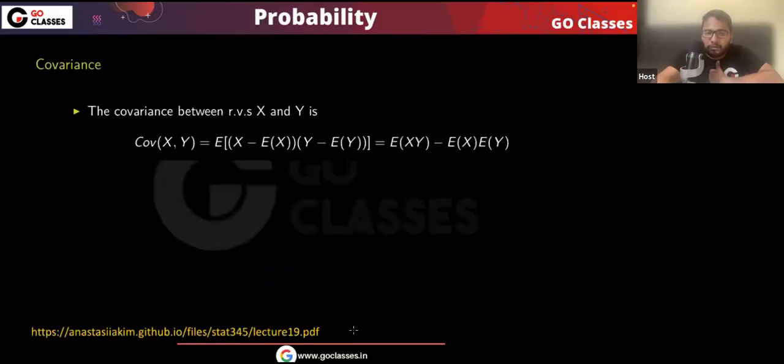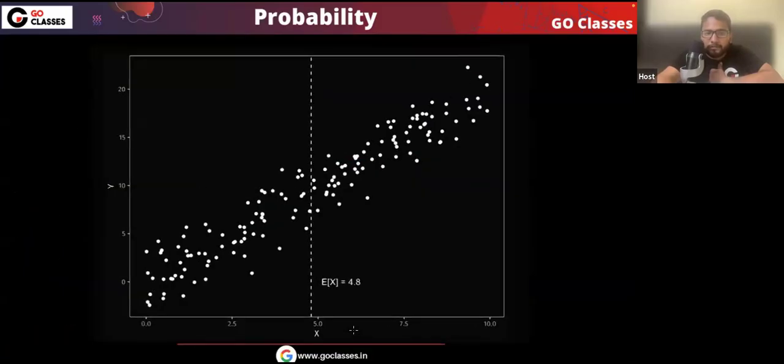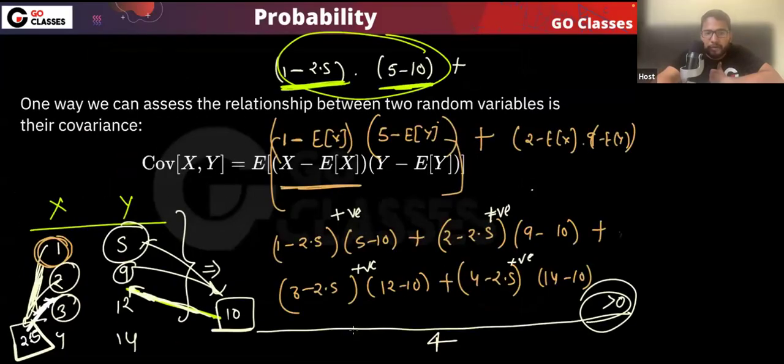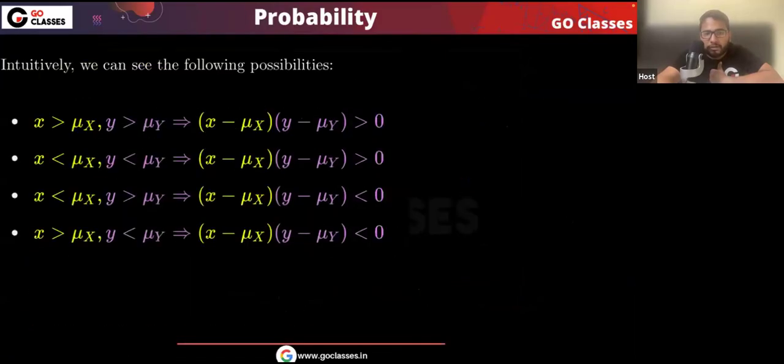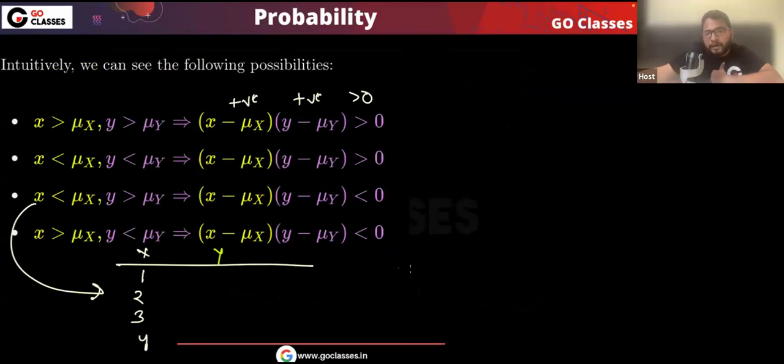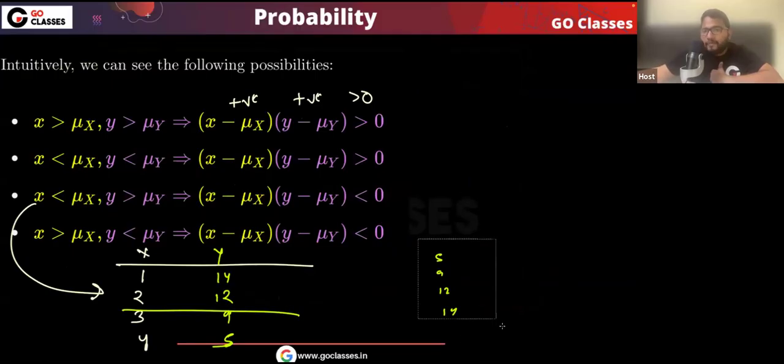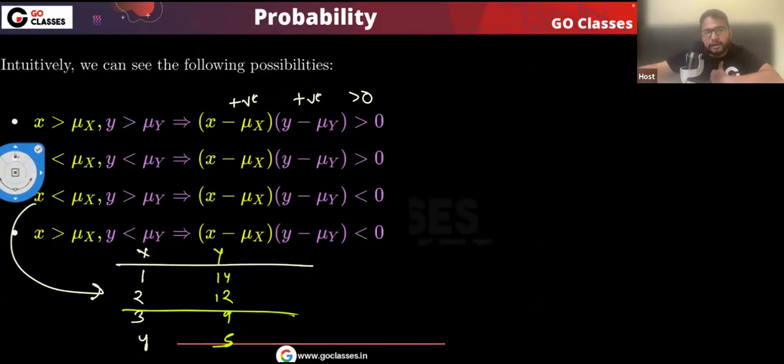Just consider this is another data. Y was 5, 9, 12, 14, right? But now let me take something else. I'm just taking 14, 12, 9, 5. Just for example. The average remains the same, obviously, I haven't done anything to the average. Average here is also 10, earlier was also 10.